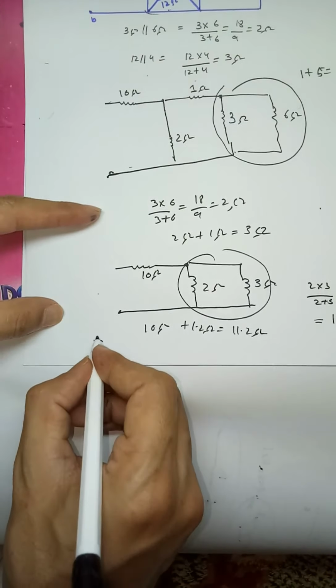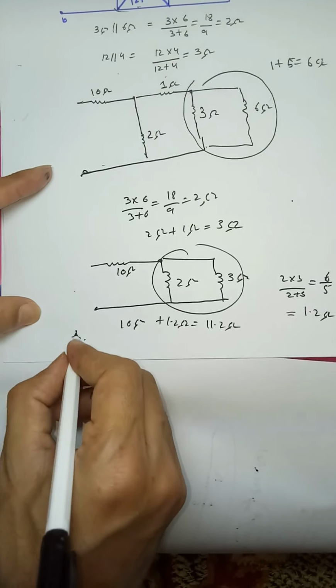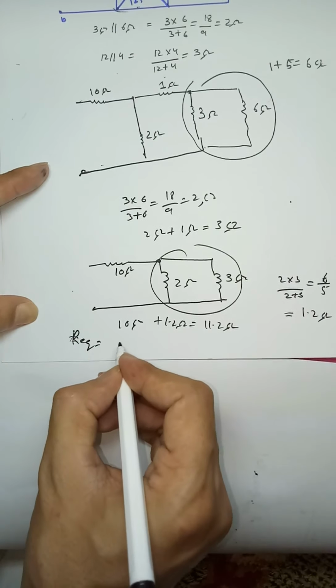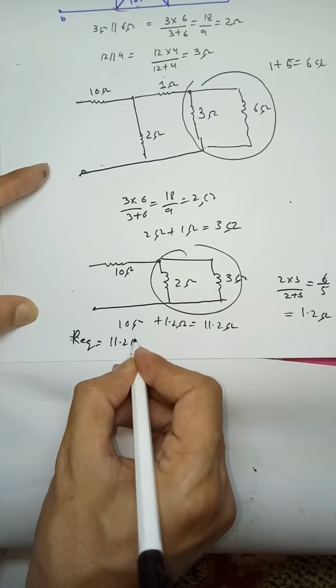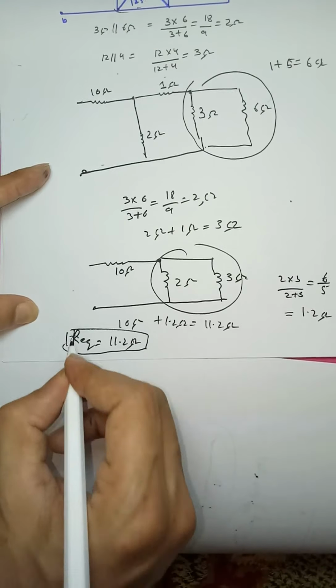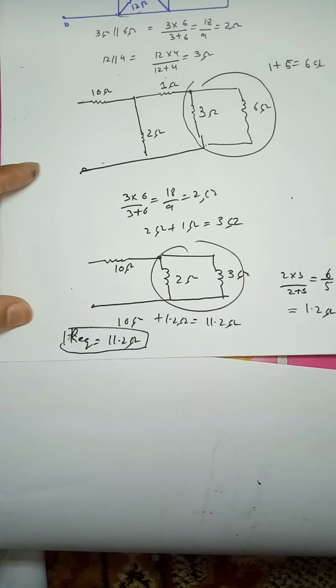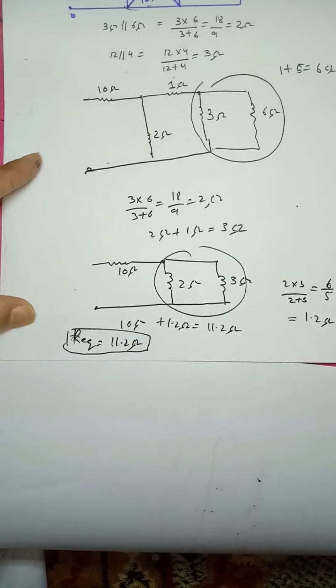So for this particular circuit, R equivalent equal to 11.2 ohm. Now you can solve any kind of circuit for R equivalent. Thank you.